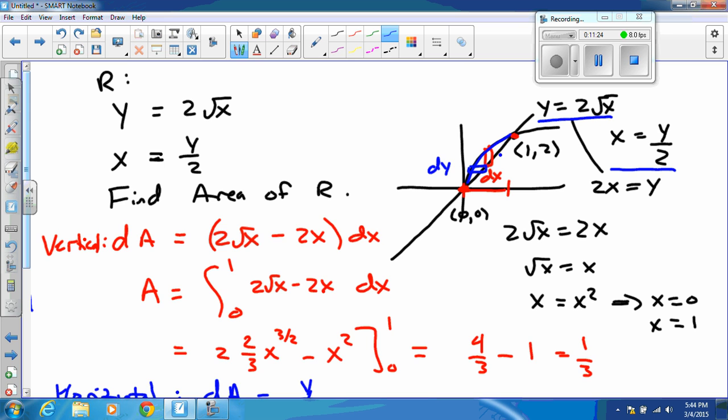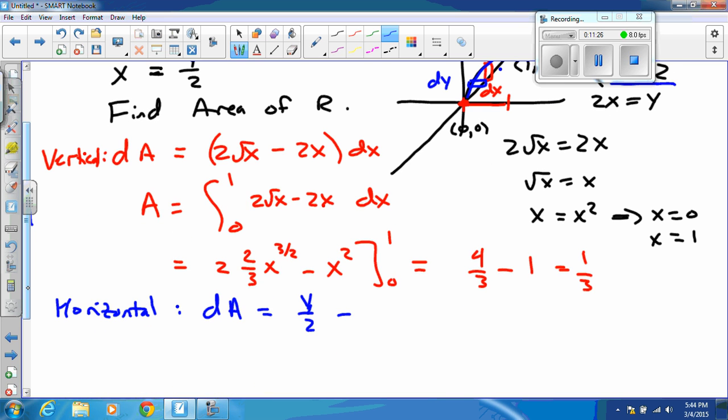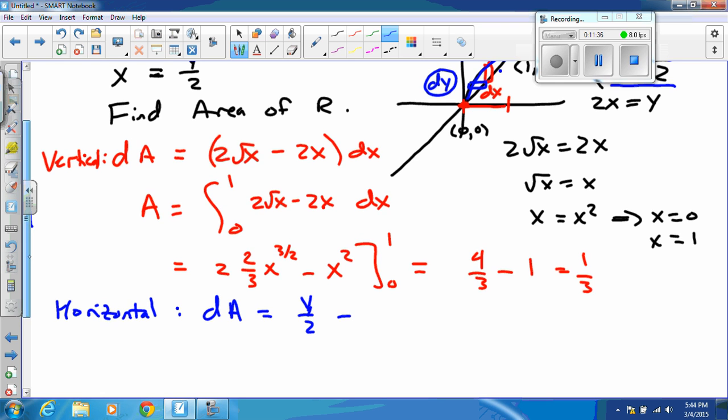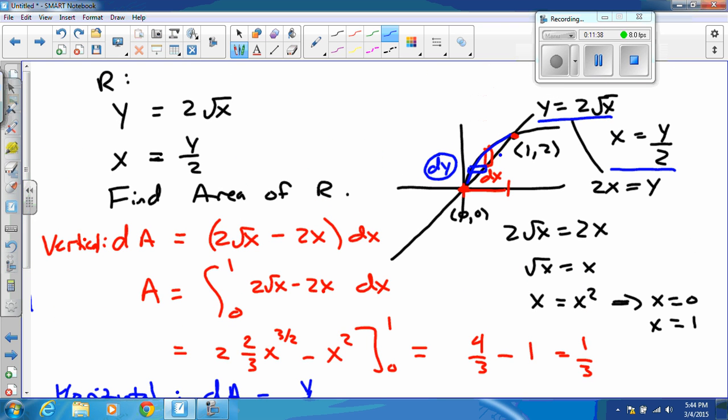Now the left curve so far is expressed as y equals 2 root x. But I need to express it in terms of y, and the reason I know that is that the height of my representative rectangle is dy, and that forces me to express everything in terms of y.